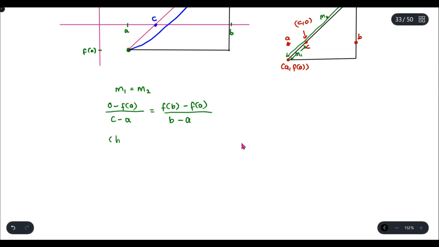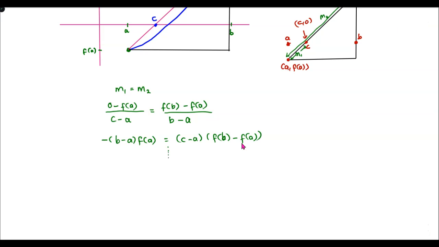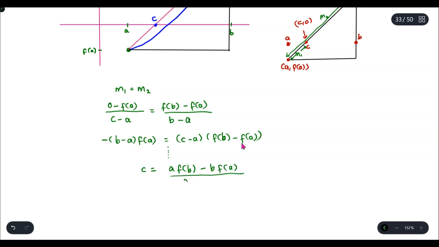First of all, we may want to have this form, b minus a. In fact, we have negative (b minus a) times f(a) equals (c minus a) times (f(b) minus f(a)). You can work out the algebraic manipulation to show that C is finally (a f(b) minus b f(a)) over (f(b) minus f(a)).